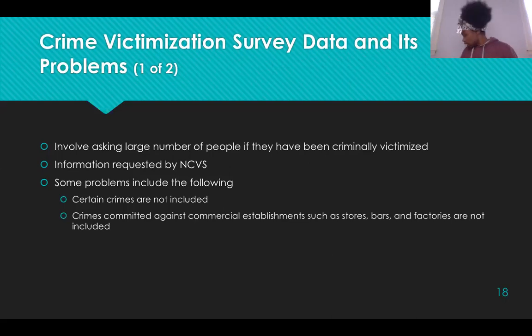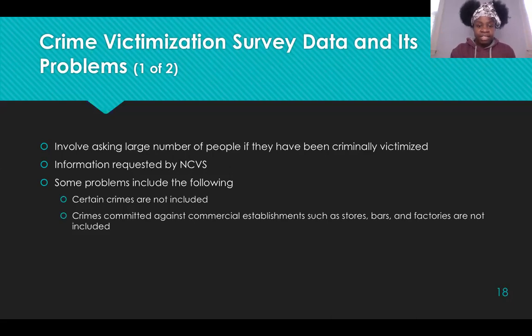One of the learning objectives in this week's chapter is to know the difference between the UCR, the Uniform Crime Reports, and the NCVS, the National Crime Victimization Survey. Make sure you know what they're each reporting or surveying, know the differences, know the similarities.